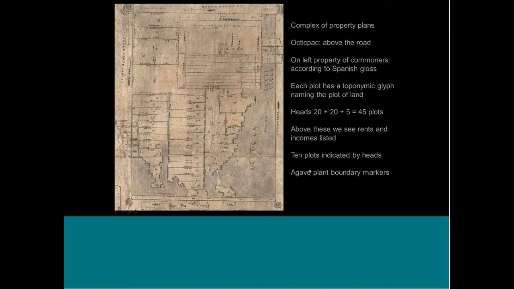We have a Spanish gloss here, which basically tells us that all of these properties down here, these smaller plots, are for commoners. And so these are either rented or owned by the people in kind. There are 45 of them. The heads that we see on the right-hand side, there's a head with a flag, which is 20 plus 5.